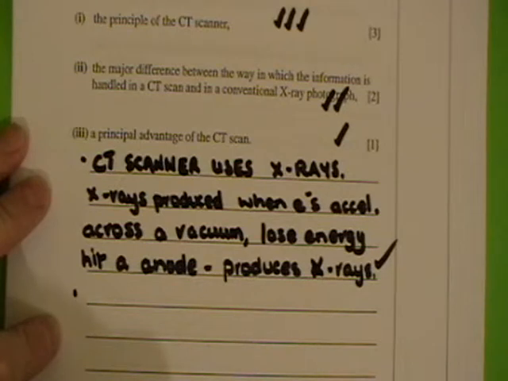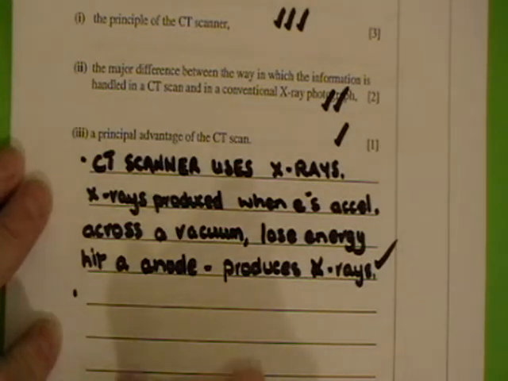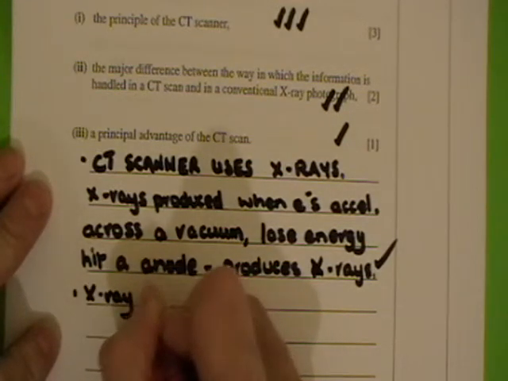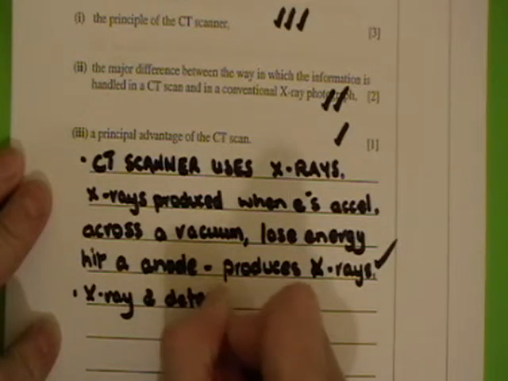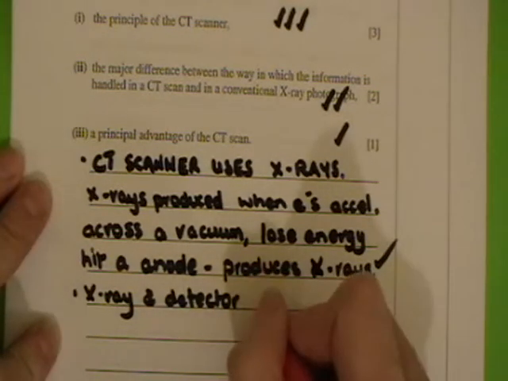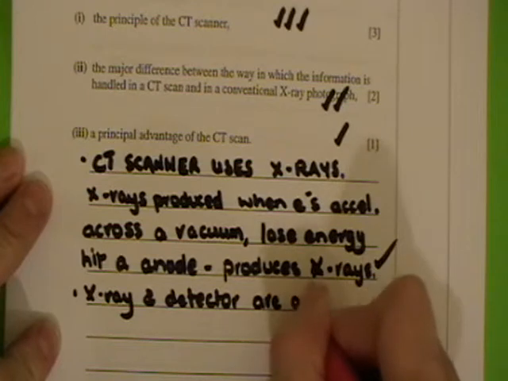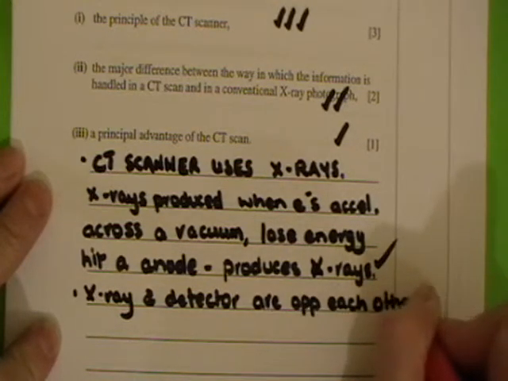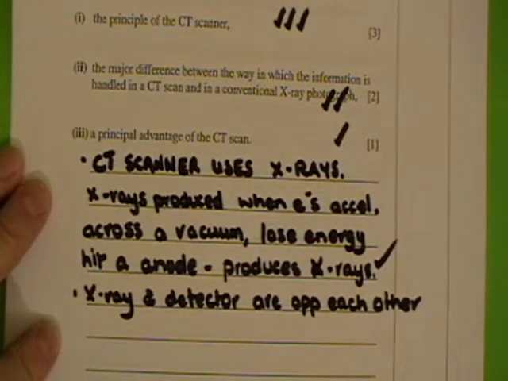The next part then is another principle, and so a CT scanner uses an X-ray tube and the detector are opposite each other. The detector's in behind the patient or the area of the body that's being investigated.